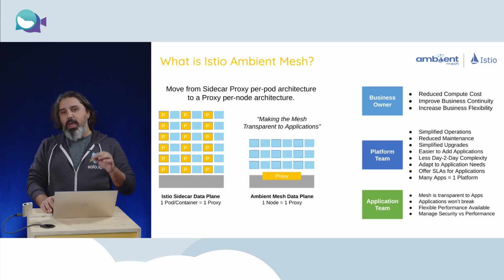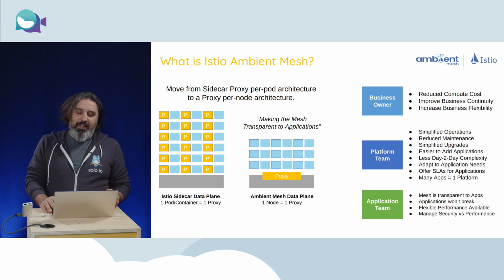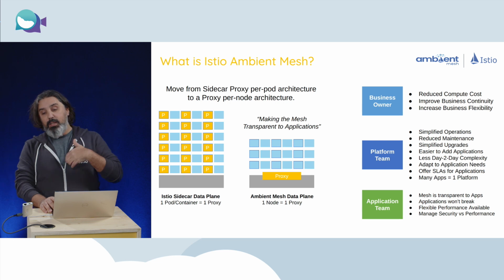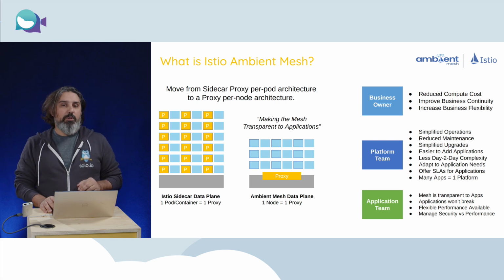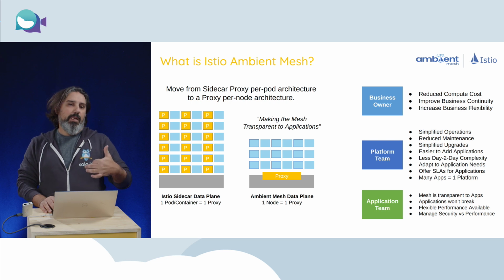This is also a way to reduce complexity, because you can split the roles and responsibilities into different proxies, all based on Envoy, of course, but very different in their roles.